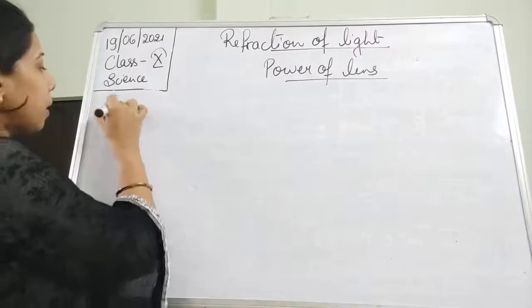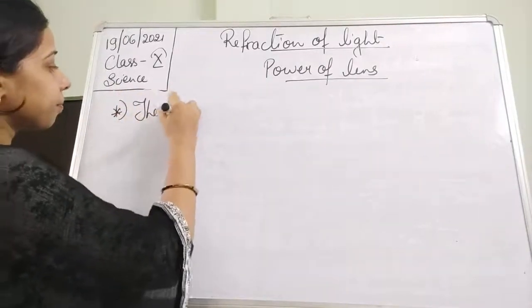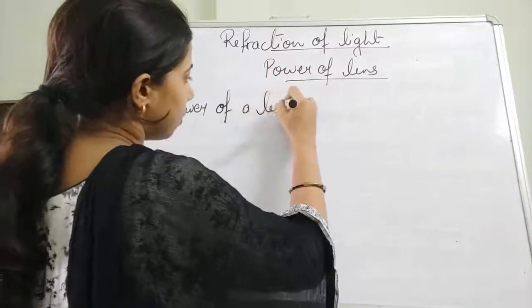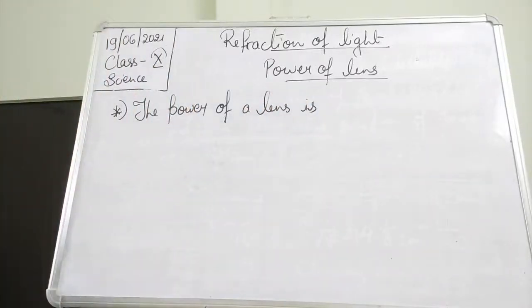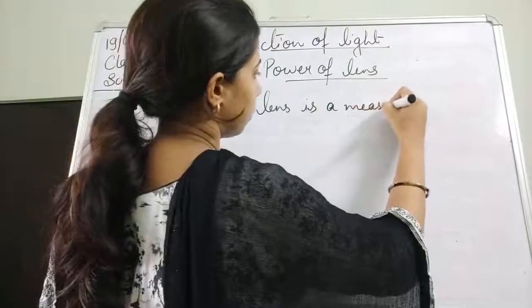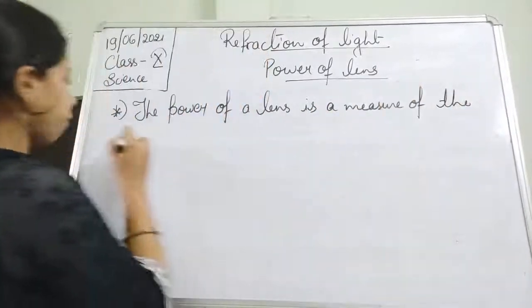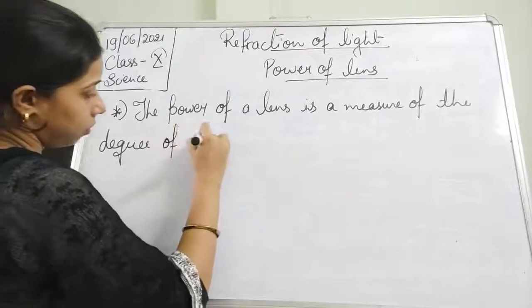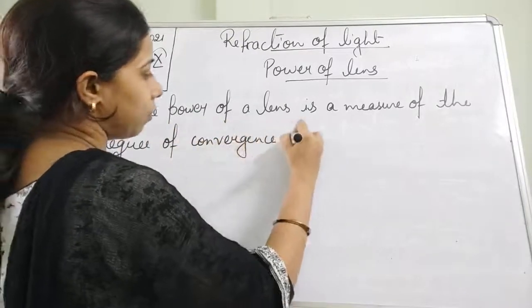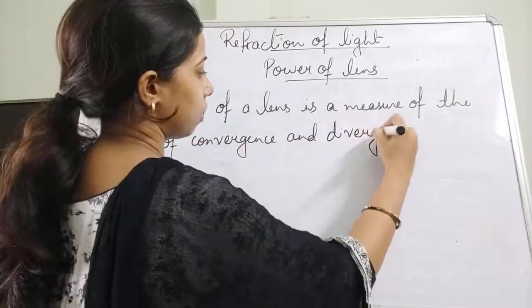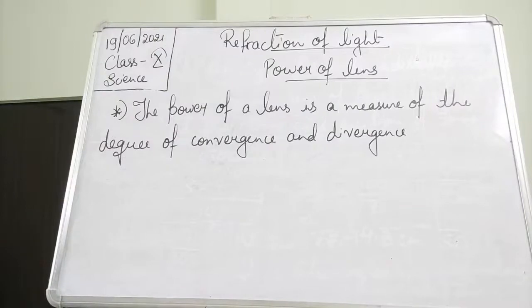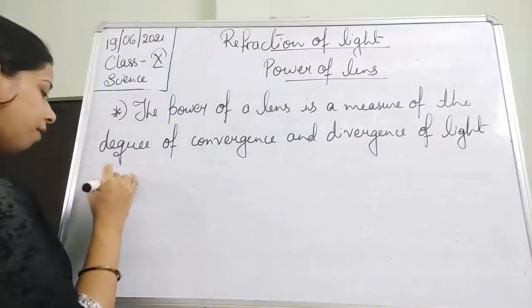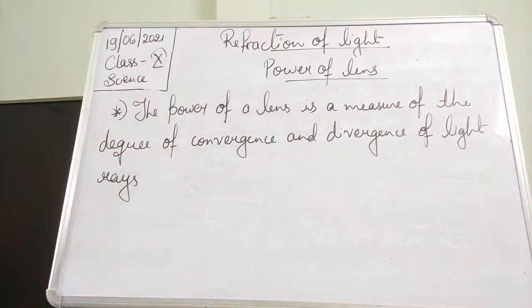So we can say that the power of a lens is a measure of the degree of convergence and divergence of light rays falling on it.